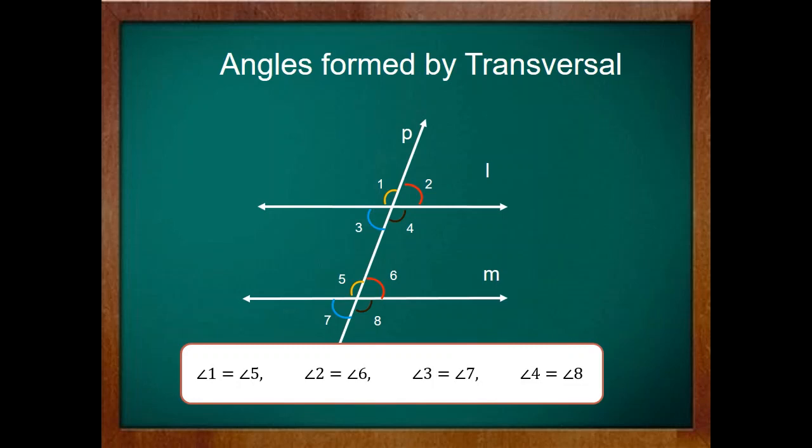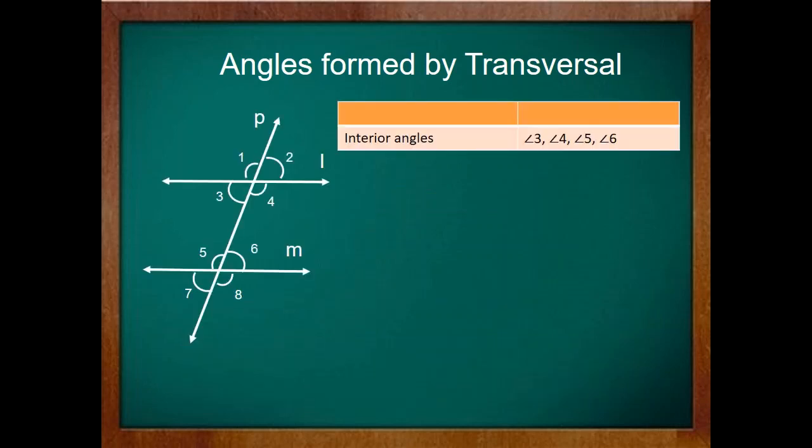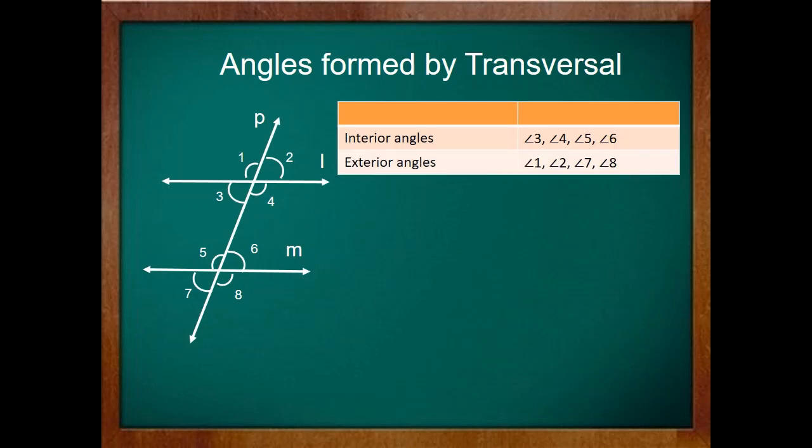Let's quickly summarize what we have learned so far. Angle 3, angle 4, angle 5, and angle 6 are called interior angles. Angle 1, angle 2, angle 7, and angle 8 are called exterior angles.